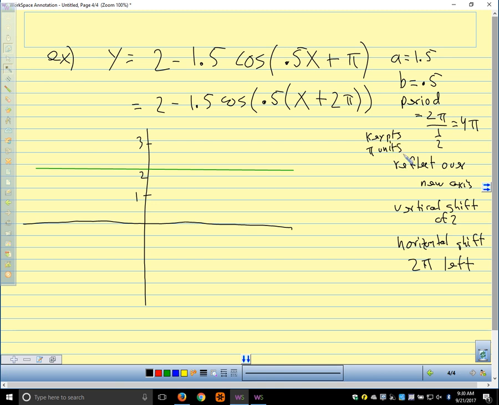Quarter of a period. So it's going to be convenient to label my axes in units of pi. So I'm going to do pi, 2 pi, 3 pi, 4 pi, and I'm going to go negative.